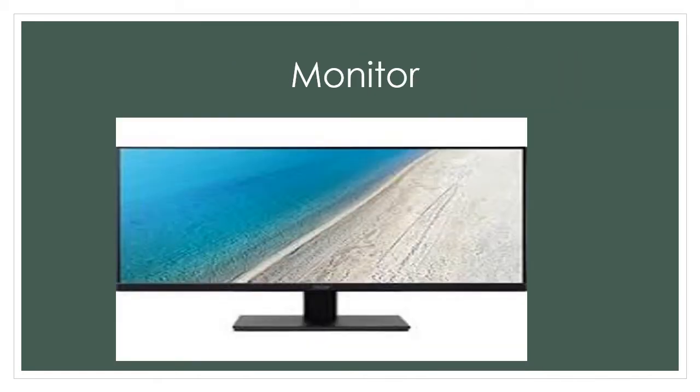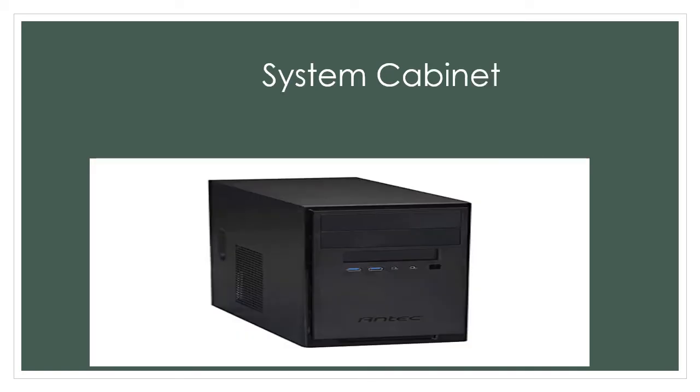Then monitor. It is an output device that displays information in pictorial representation. CPU inside the system cabinet does the mixing and matching, that is, processing the formatted input data.